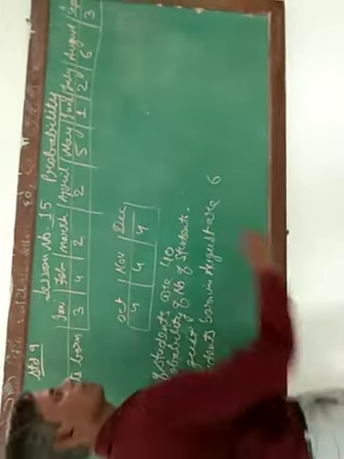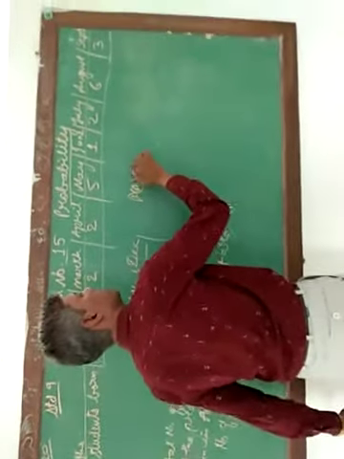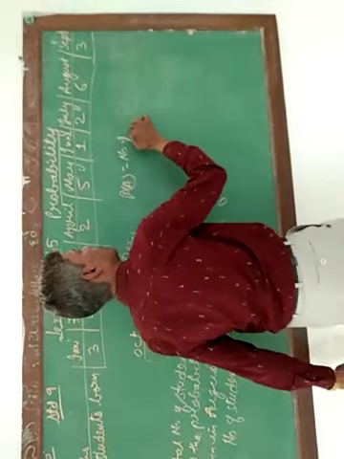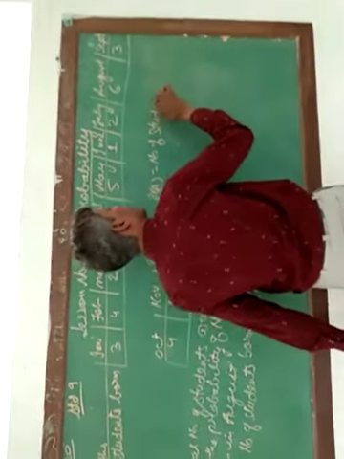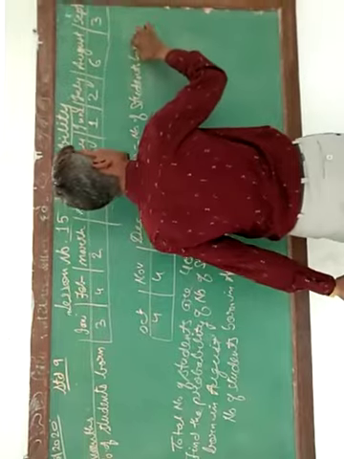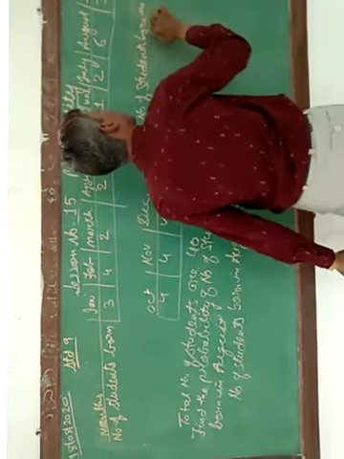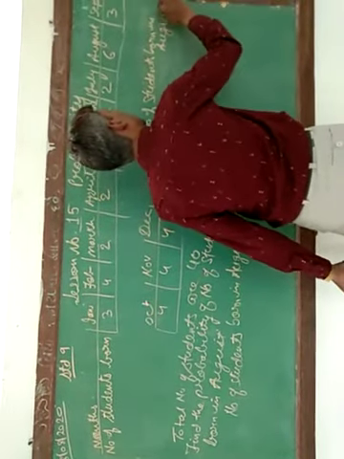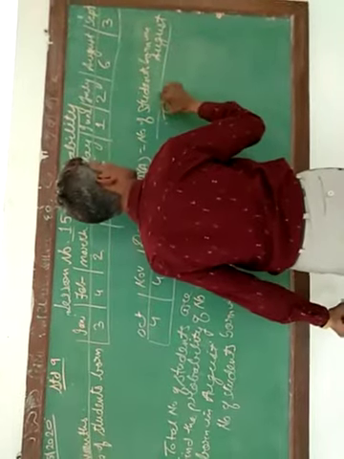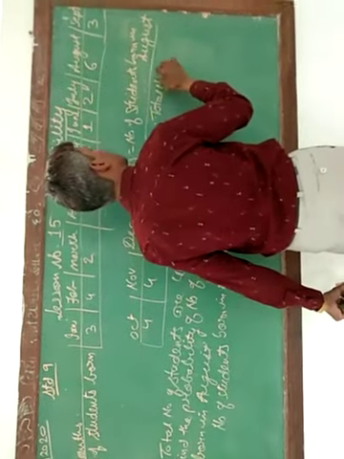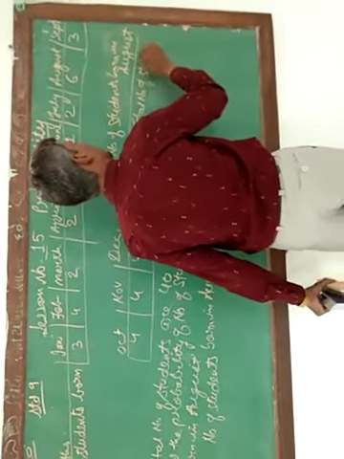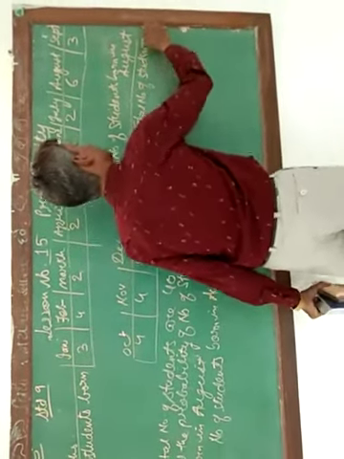6. So the probability P is the number of students born in August upon the total number of students.